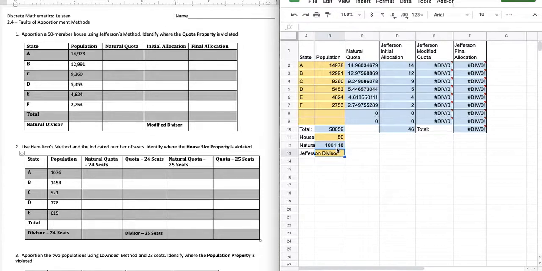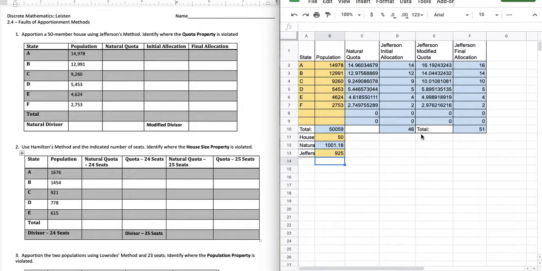We're going to go through and change our modified divisor until Jefferson comes up correctly. So 1001 gives us 46. We need to drop that because we need more seats. If we need more seats, we need to reduce our divisor. I'm just going to guess 900. 900 gives us 54. That's too many. That's, let's say, halfway in between there. I needed 4 seats. I got 4 too many. So 950 gives us 48 seats. So we need more seats still. I'm going to drop that number. 925.